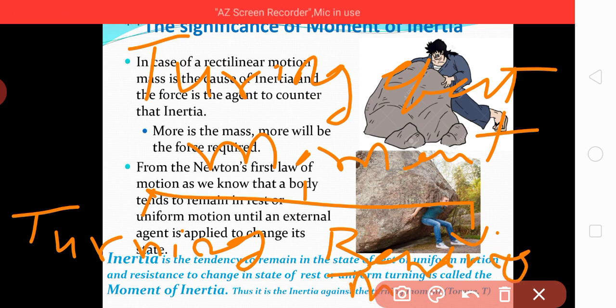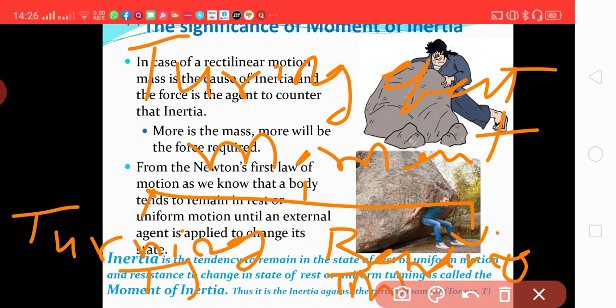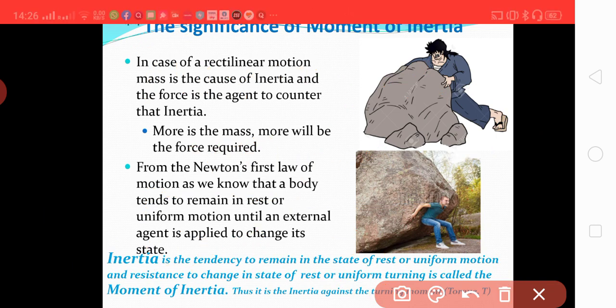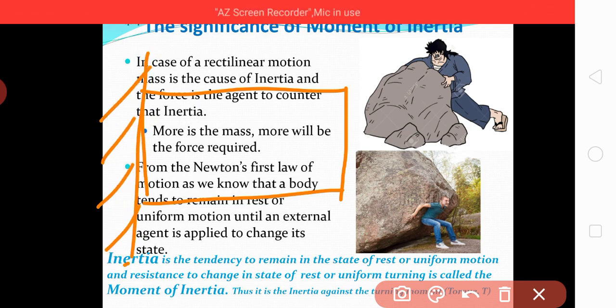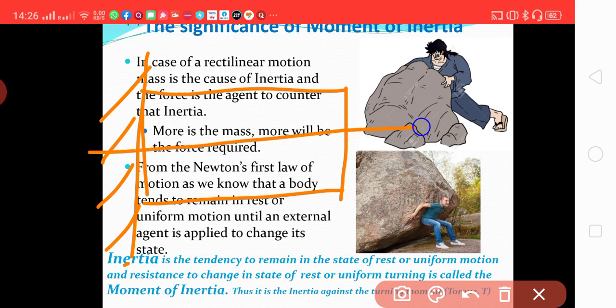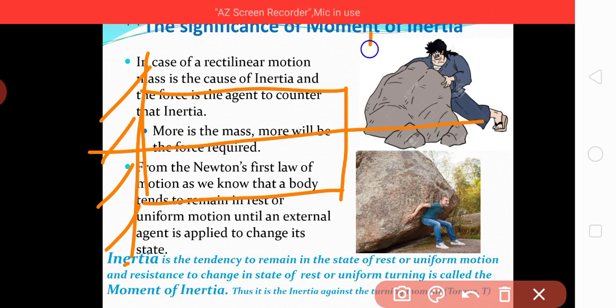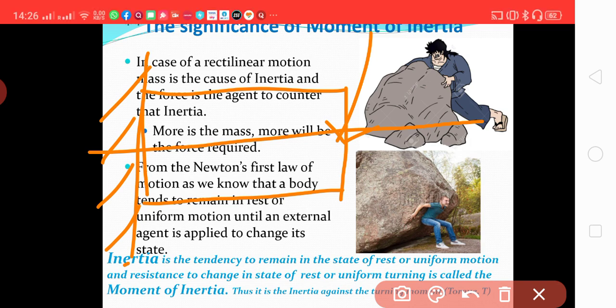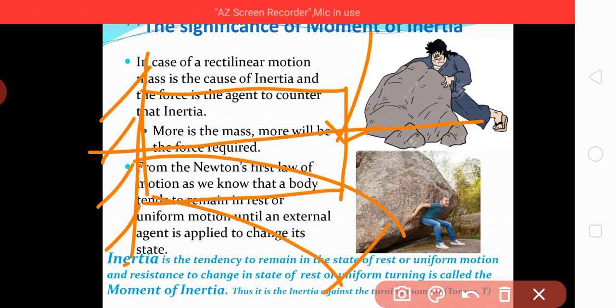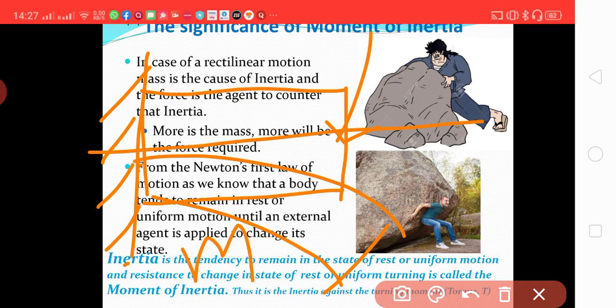Bending moment we denote by M, a turning moment we denote by T. Again, let us recollect that if this is a member, a cantilever beam, and this is its centroidal axis, if you apply a force here, it will give a bending effect to this. This will bend like this, and then the moment will be called bending moment M.